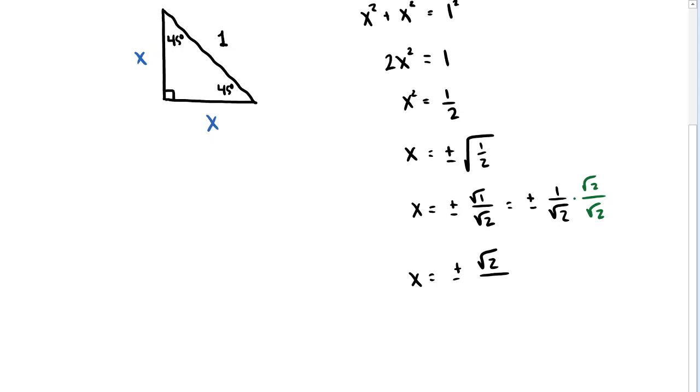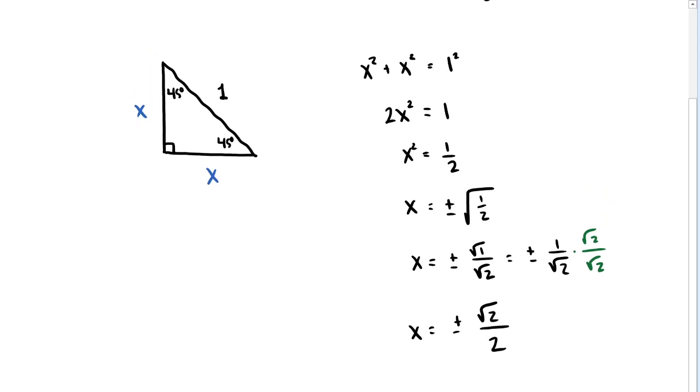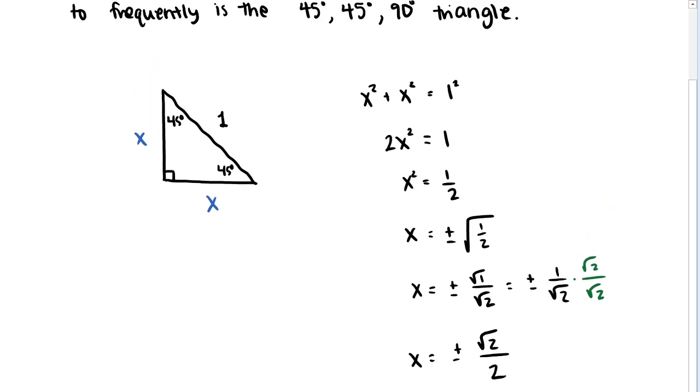And then the square root of 2 times the square root of 2, well, that's squaring that square root of 2, and that's just going to give us back 2 itself. So here, our side lengths for this 45, 45, 90 triangle with the hypotenuse of 1 are the square root of 2 over 2 and the square root of 2 over 2. So this is another example of a right triangle that I really want you to commit to memory.